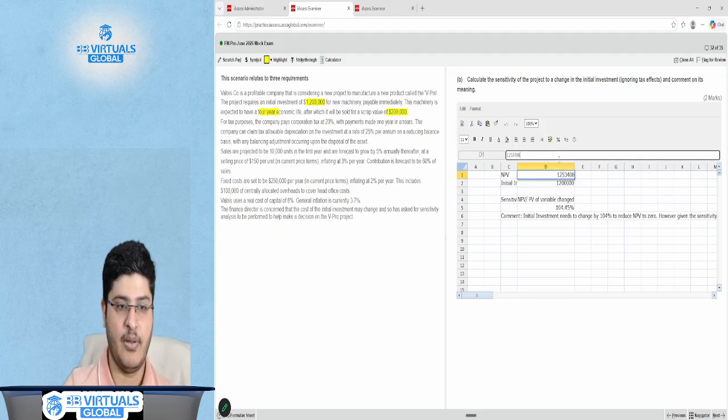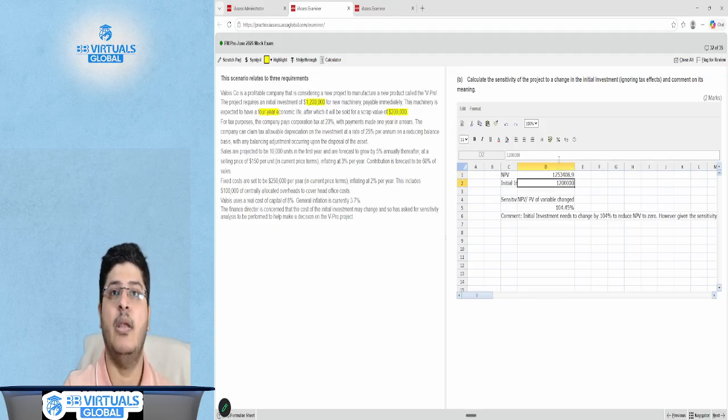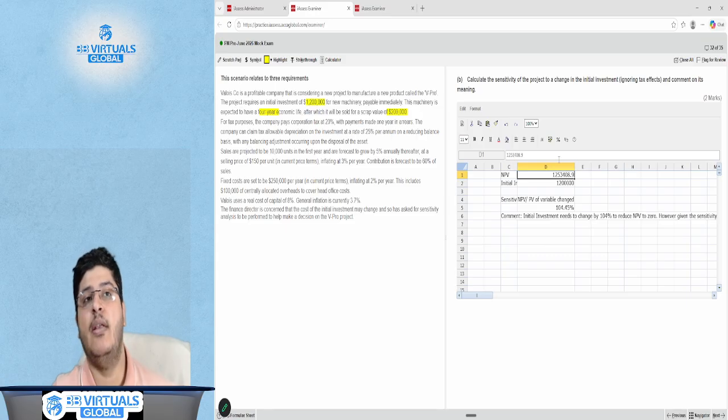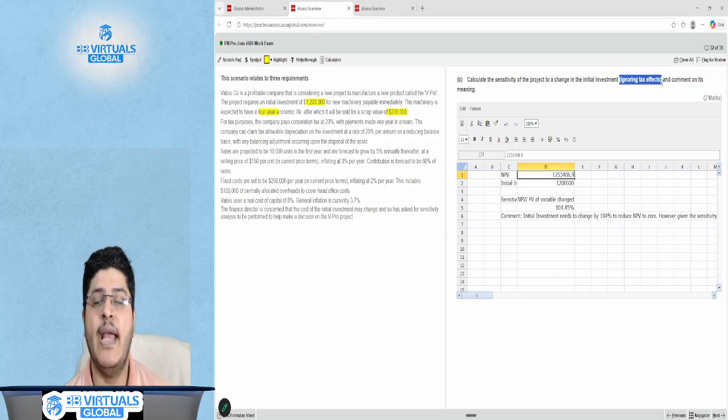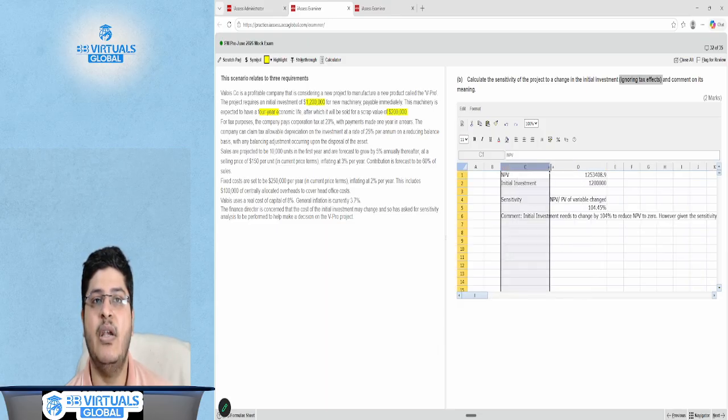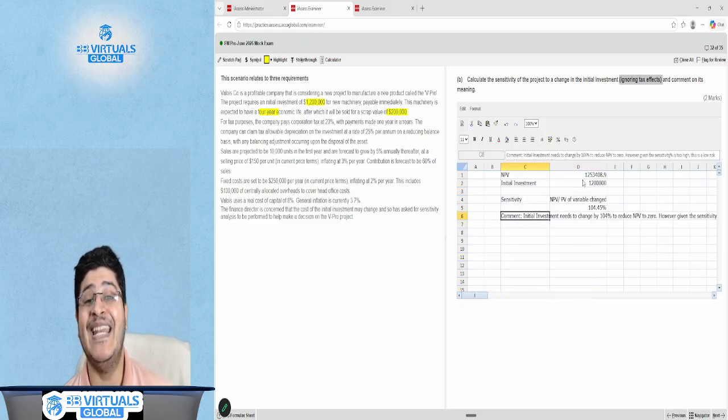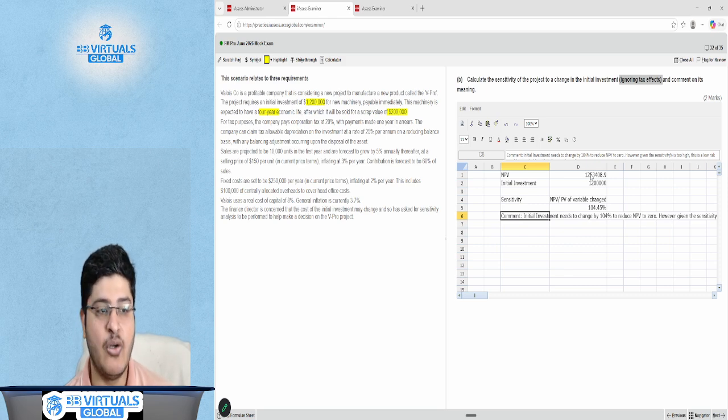Okay, correct? Ignoring tax effect. The question says you have to ignore tax effects. See, what happens is, if your initial investment was to increase, technically speaking, your tax allowable depreciation also changes.